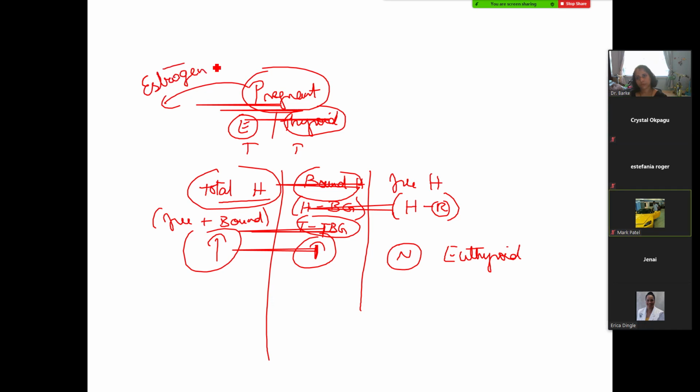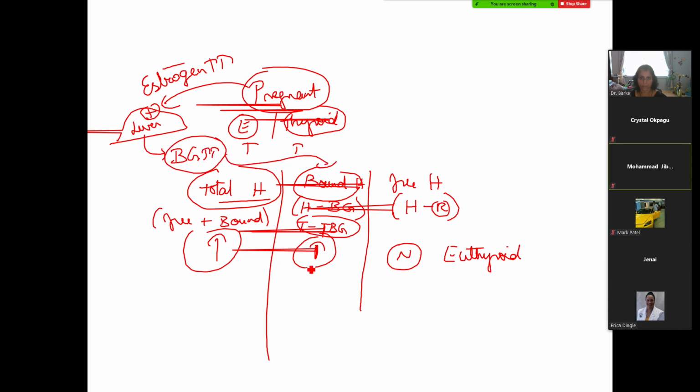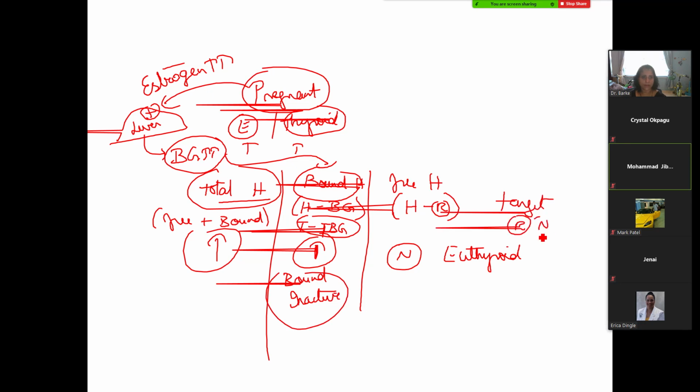Estrogen will increase. That will stimulate the liver to secrete binding globulins. So that kept her bound form high. But even though the bound form is high, it's inactive. So this reached the target tissue. But in the target tissue, what happened to the receptors? They stayed normal. Therefore, what happened to hormone binding to the receptor? Remained normal. So she is still euthyroid.